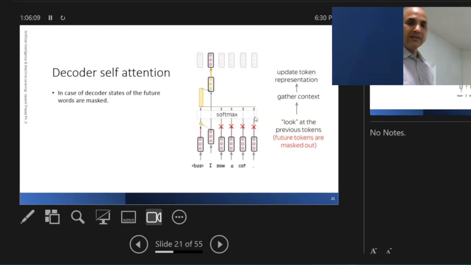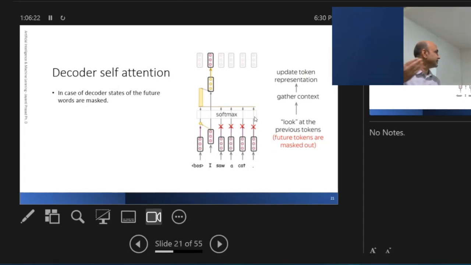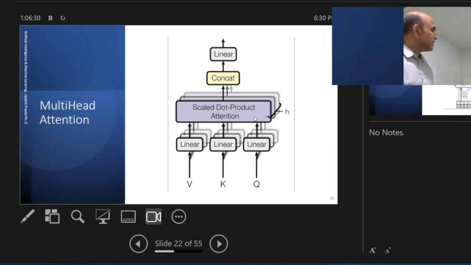But in the decoder, we don't find the attention between the current token and the tokens which will come in future. That would not be appropriate. So it is asymmetric: it only looks at the past tokens.